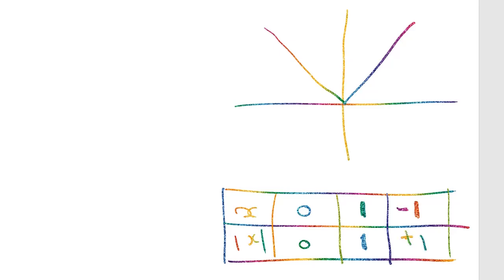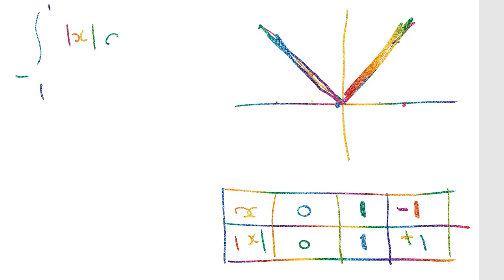So I mark 0, 0, then 1, 1, then -1, 1, and then 2, 2, and -2, 2. So it will go on like this. This is the graph of mod x. It's a V-shaped graph.